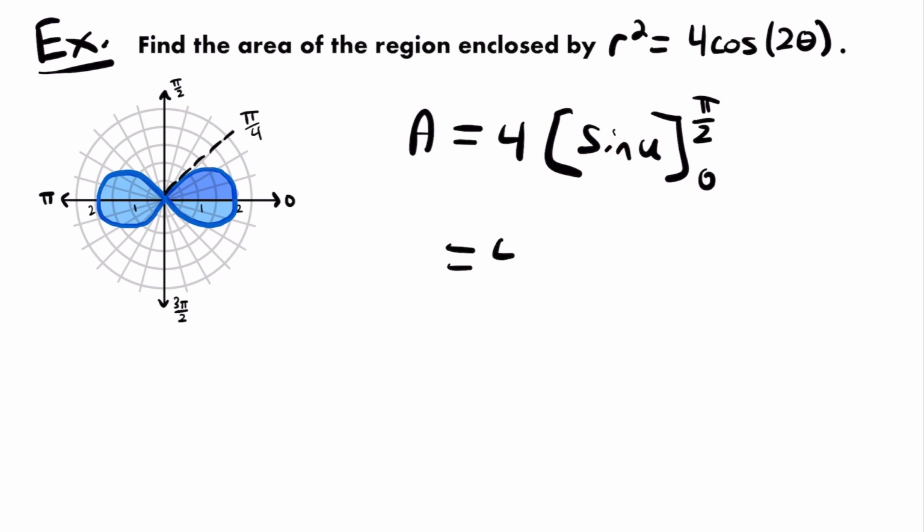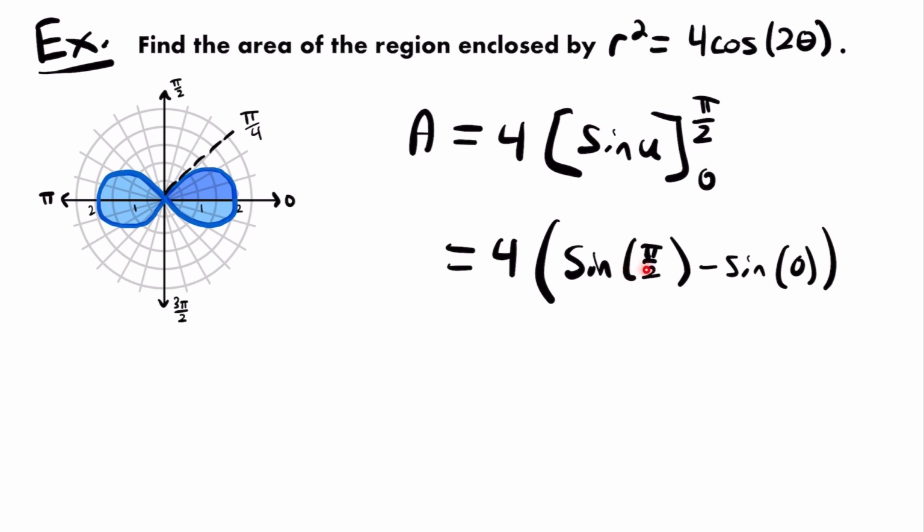So this will be equal to 4 times sine of pi divided by 2 minus sine of 0. Sine of pi divided by 2 is 1, and sine of 0 is 0. So this is equal to 4 times 1 minus 0, which is just equal to 4 times 1, which is 4. So weirdly enough, the area within this polar curve for this lemniscate is a really nice value of 4.